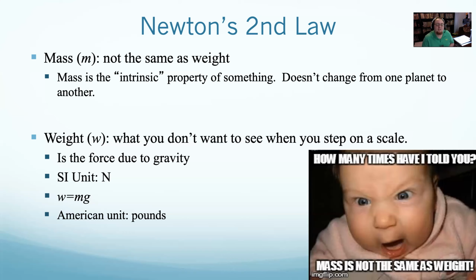And so weight is the force due to gravity. Weight is mass times g. Weight is measured in newtons or pounds. Mass is an intrinsic property. It doesn't change where you are and is measured in kilograms. Any questions?